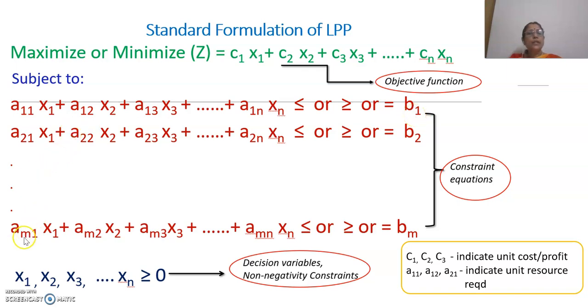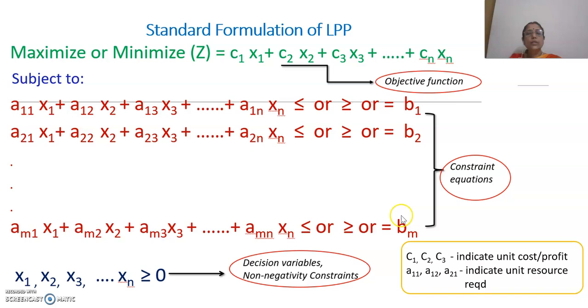Similarly, it can be up to mth equation am1 x1 plus am2 x2 plus am3 x3 etc. up to amn xn less than equal to or greater than equal to or equal to bm.